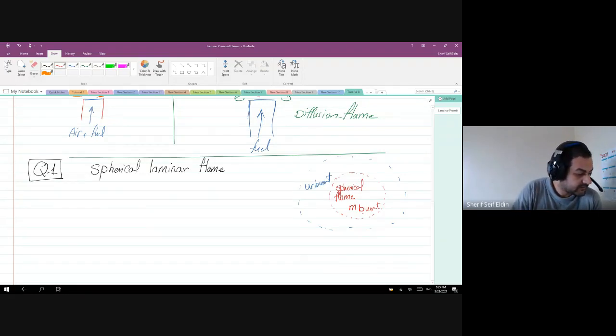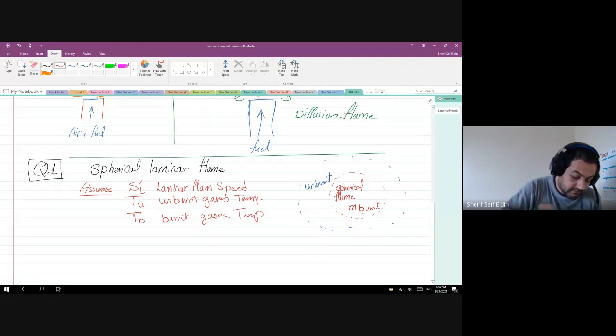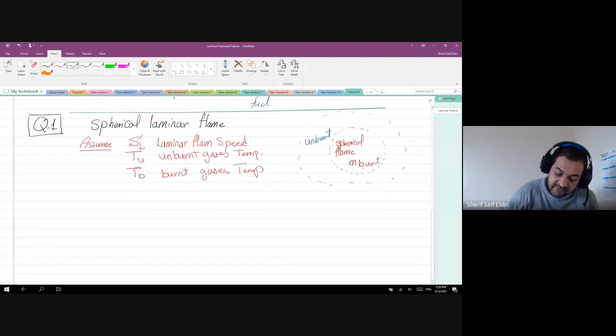Assume that SL, Tu and Tb are all constants. SL is the laminar flame speed, Tu is the temperature of the unburned gases, and Tb is the burned gas temperature. If we draw a side view of this, let's say this is the front view.